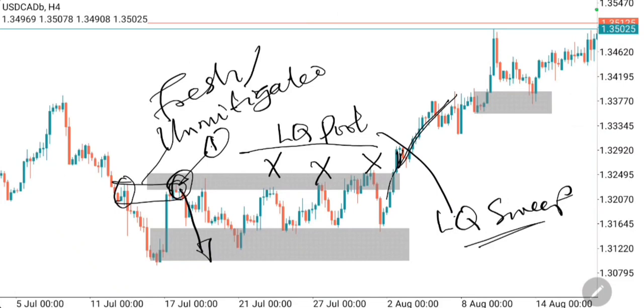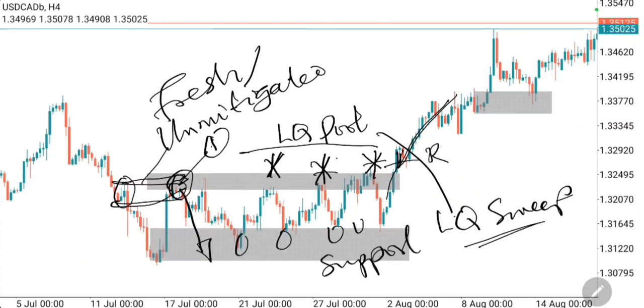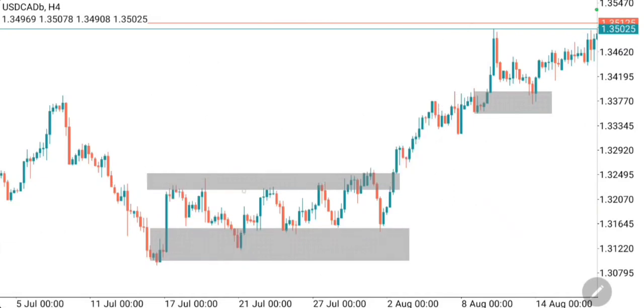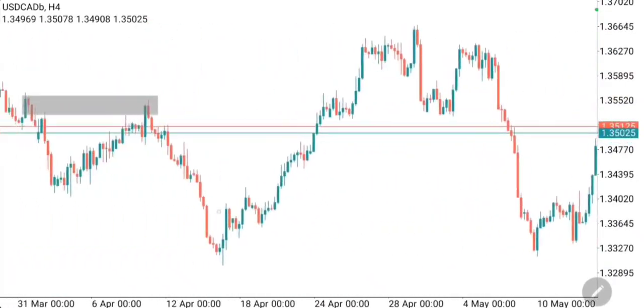So this is like a demand, this is a supply zone, a valid supply zone. But when price now comes to this point, it now forms what's it called now? Support, resistance. Okay, this is now a resistance, and this is now support. And I don't trade support and resistance, because support and resistance is basically a liquidity pool for institutional traders. Okay, I hope that is clear.